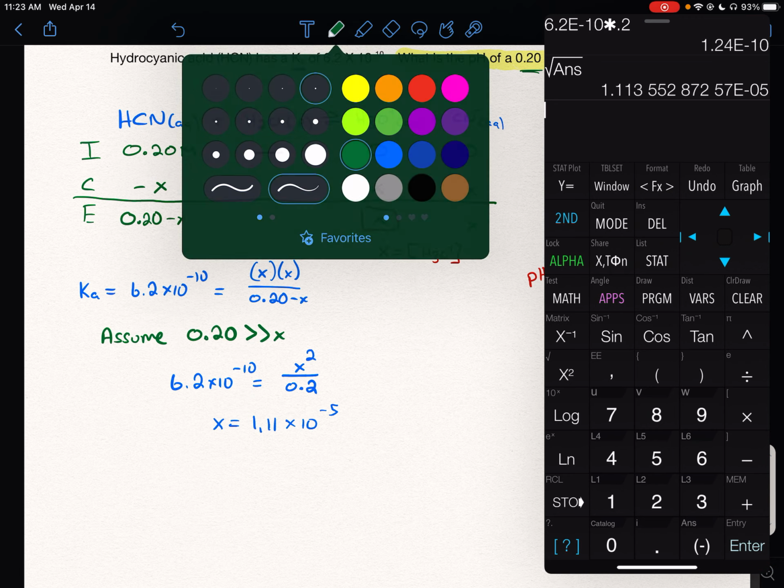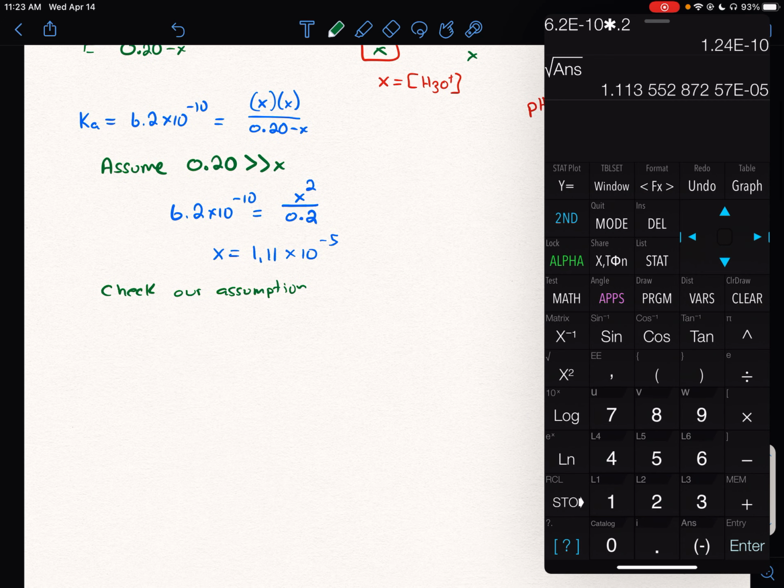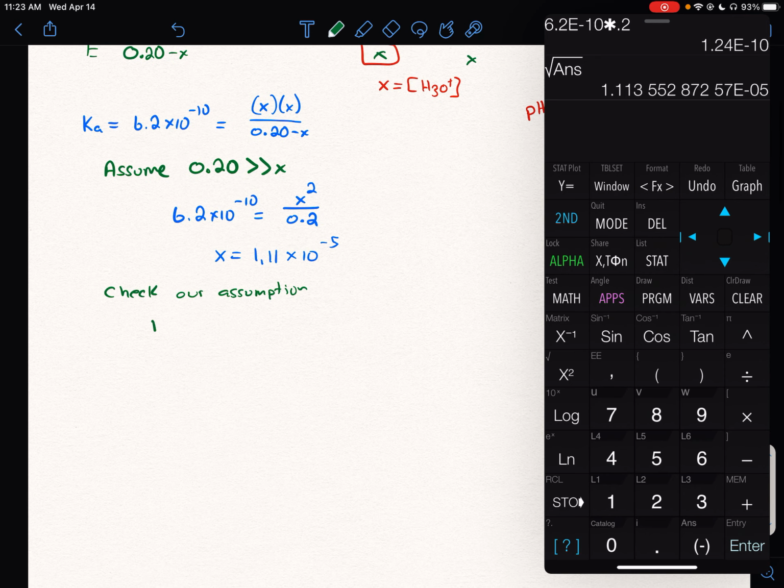Now, we made an assumption, so we should check our assumption using the 5% rule. In order to do that, we assumed that 0.2 was much greater than X. Now that we know what X is, we're going to make a ratio. We're going to take that 1.11 times 10 to the negative 5th, divide it by 0.2, and multiply by 100. As long as this ends up less than 5%, our assumption is valid.